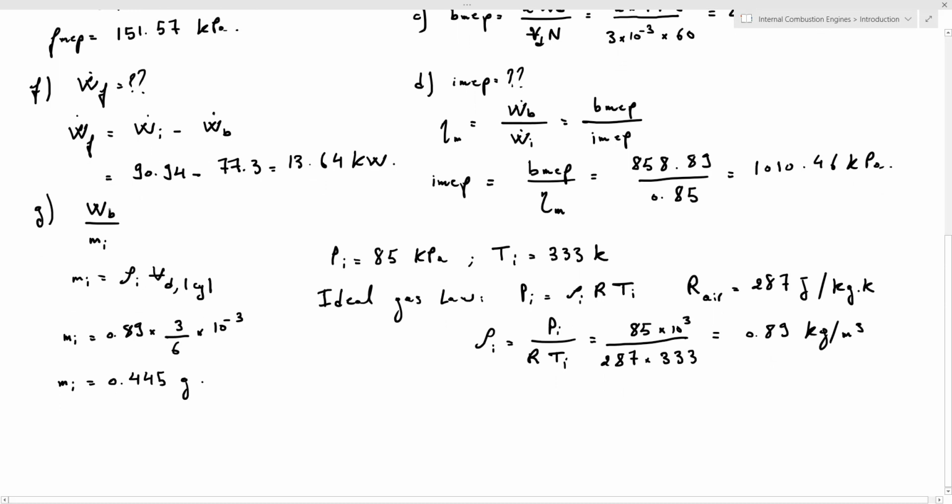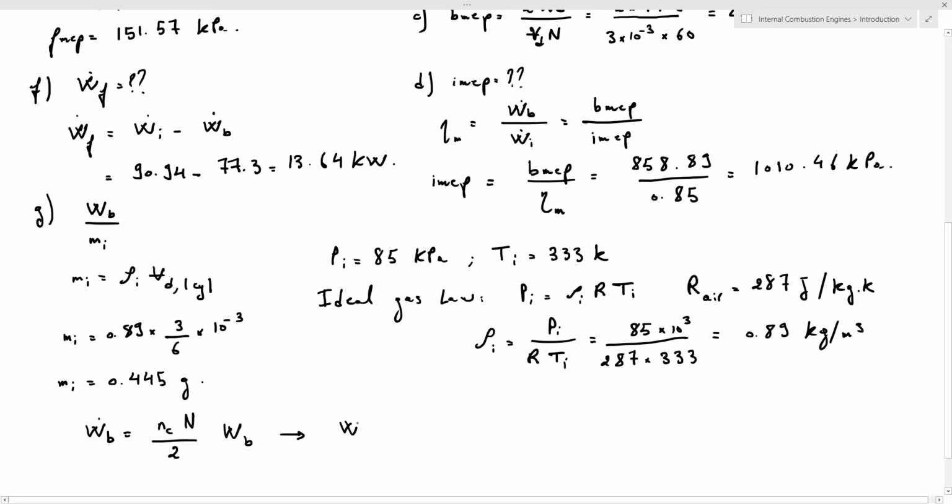Now we need to calculate the brake work, W B. And previously we have obtained a relationship between the brake power and the brake work. So we said that the brake power, W dot B, will be equal to the total number of cylinders multiplied by the engine speed divided by 2 multiplied by the brake work. So this is the brake work for one cylinder and during one cycle.